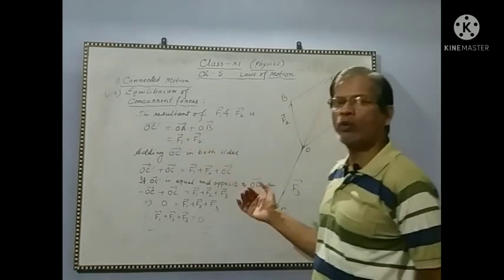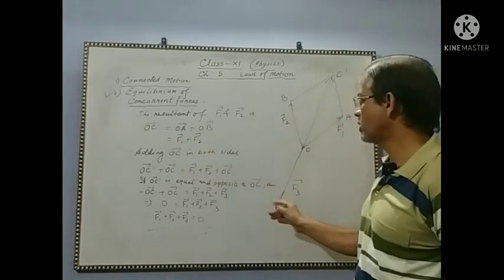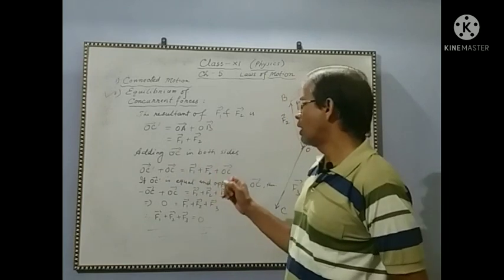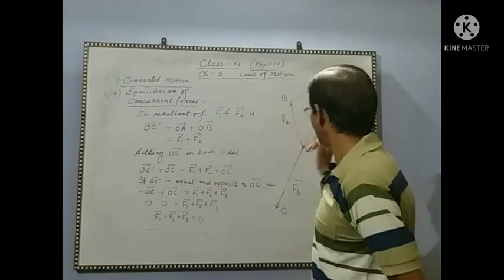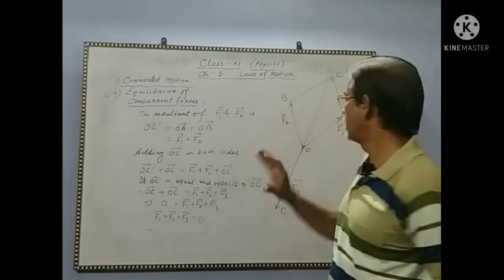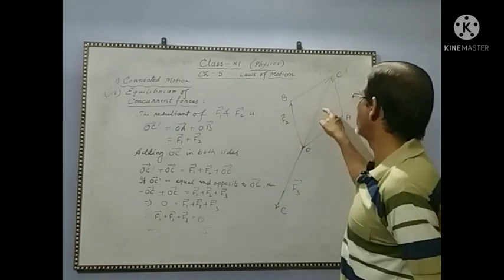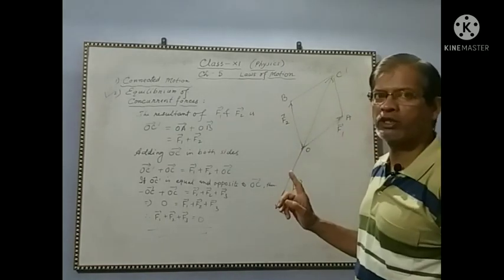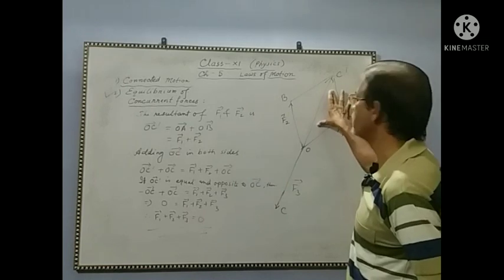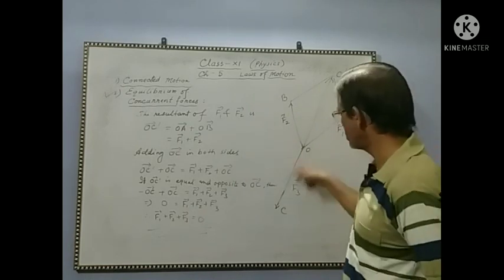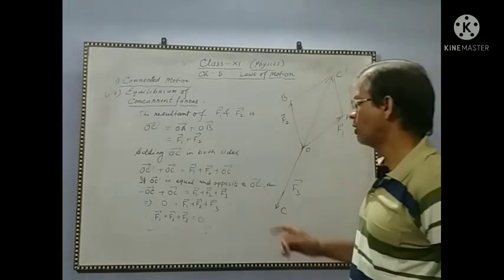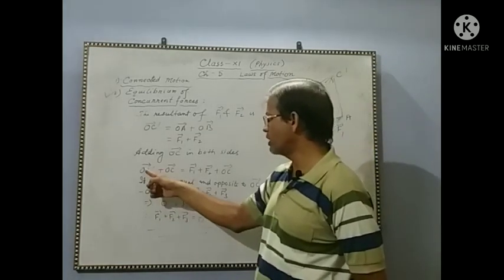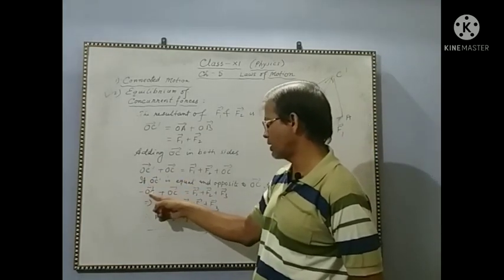Now we add OC vector on both sides, and you see that the two are equal and in opposite directions. So OC dash vector is equal to OC vector but with a minus sign. So in place of OC dash vector we have written minus OC vector.